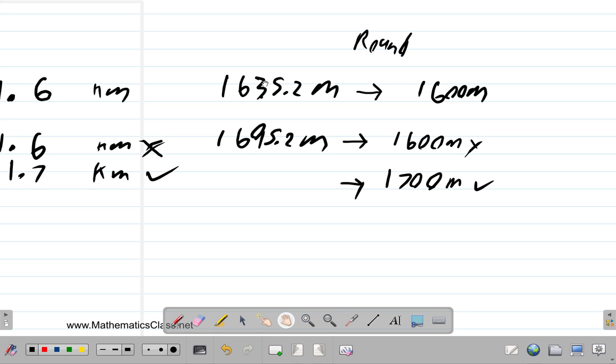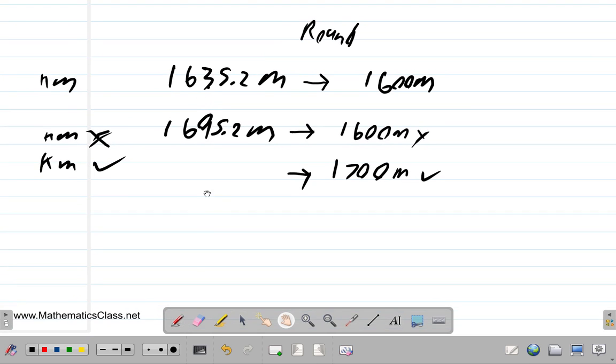You see, when you go from 1,695.2 to 1,600, you drop some meter from it. How much do you drop off? You drop 35.2 meters. You take off 35.2 meters. Alright. No problem. This is the one we want to talk about now.